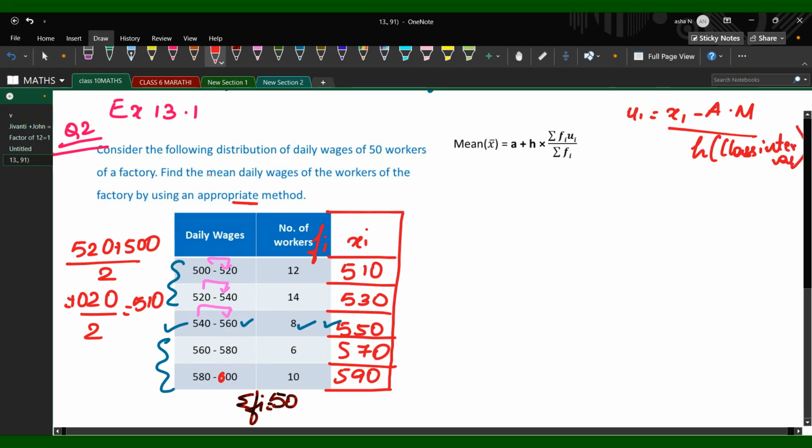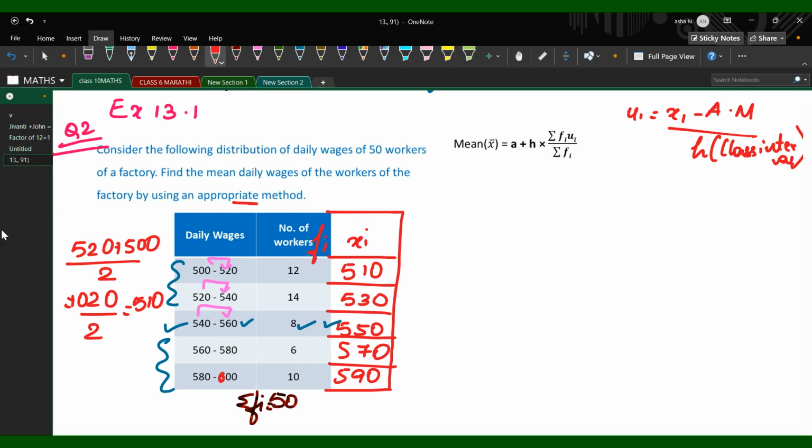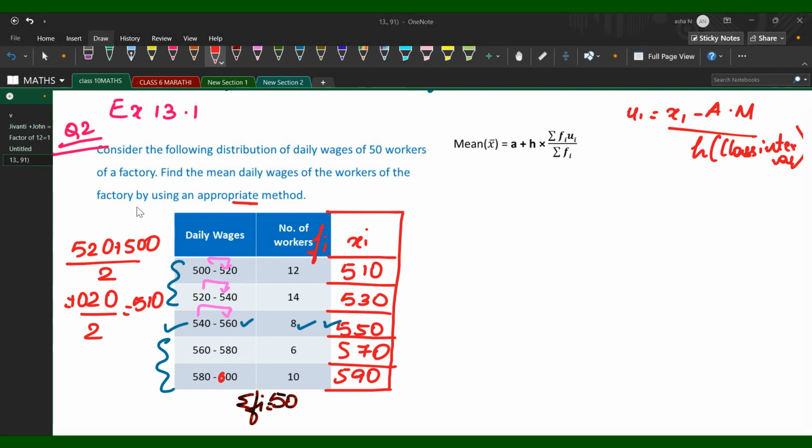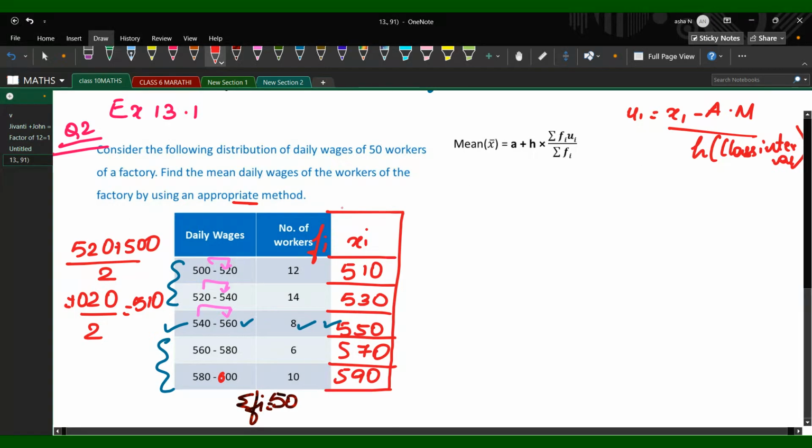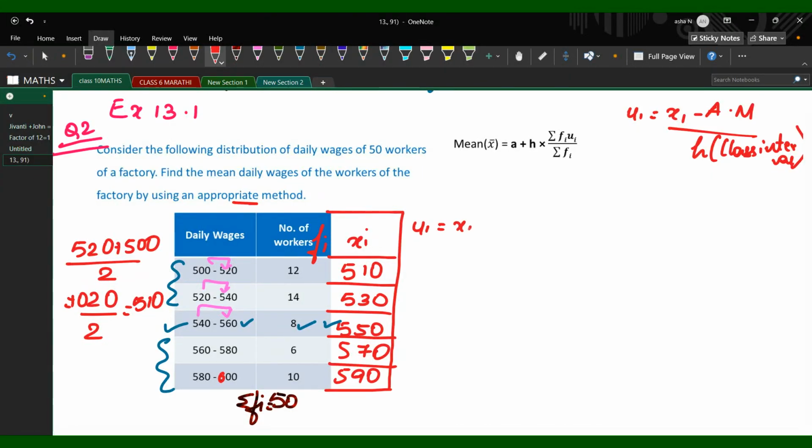Do you understand the difference between the daily wages, the range? Everywhere it is the same, 20. That will be the class interval. Now, my next question is how to find the assumed mean. Let's find ui now. Everywhere we have to find ui, which is xi minus assumed mean upon h, that is the class interval.